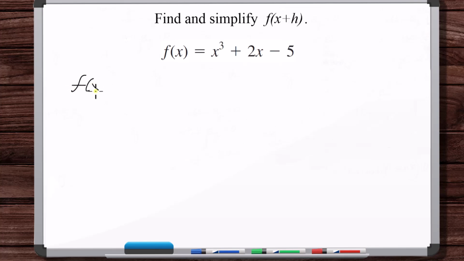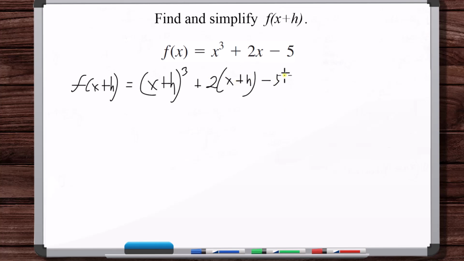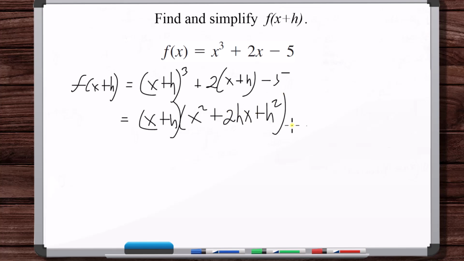Okay, so f of x plus h, we've got x plus h cubed plus 2 times x plus h minus 5. So, okay, you have x plus h times, and then x squared plus hx plus h squared, and then plus 2x plus 2h minus 5.